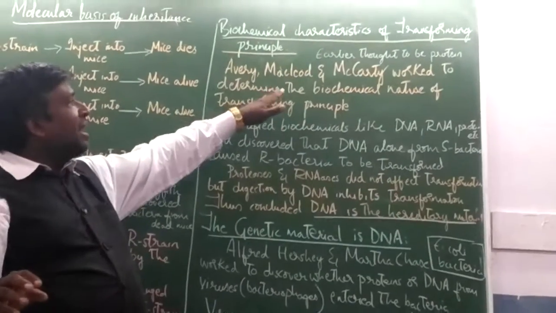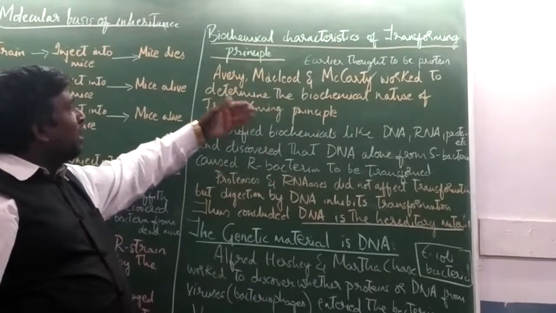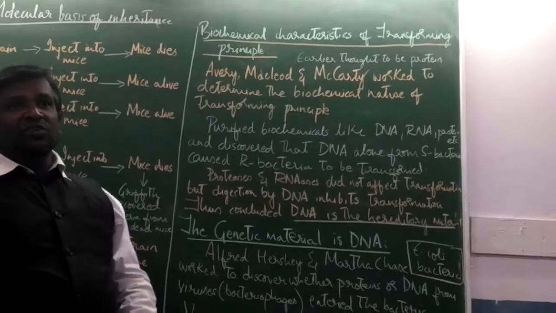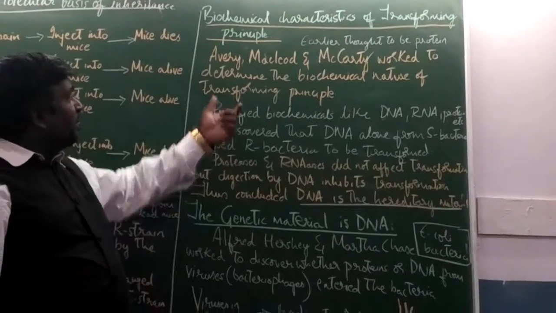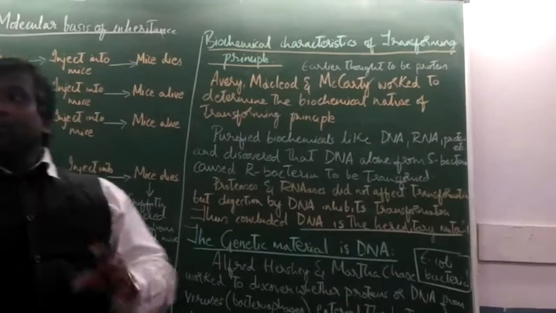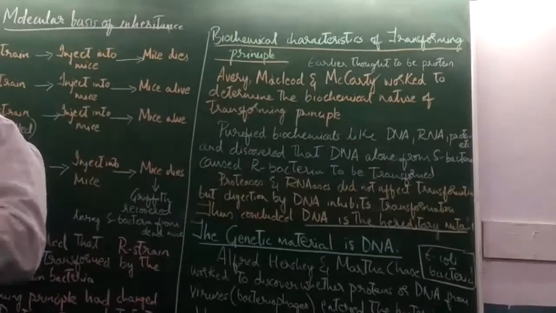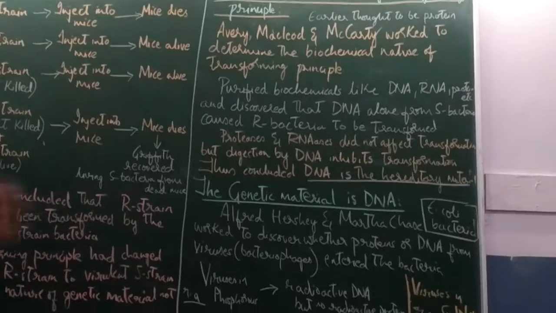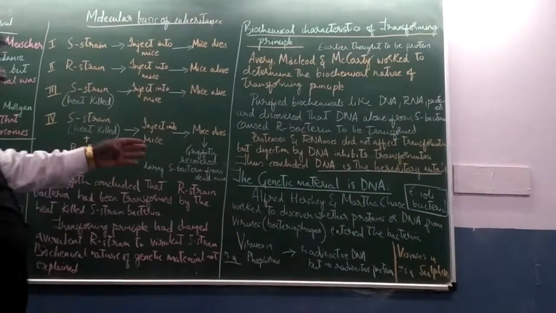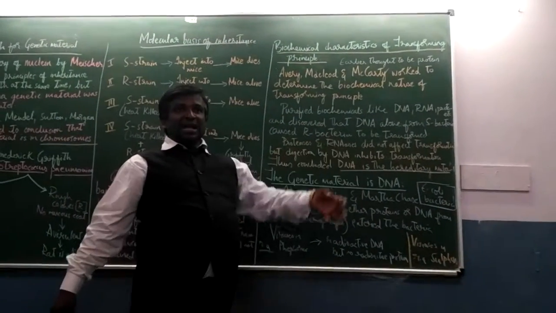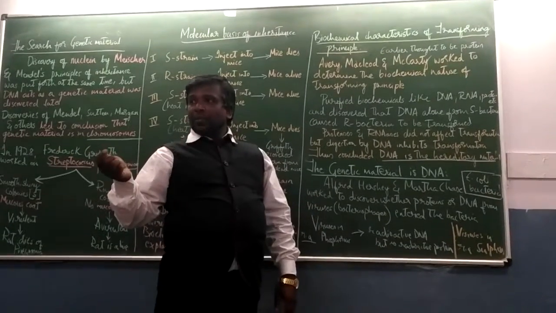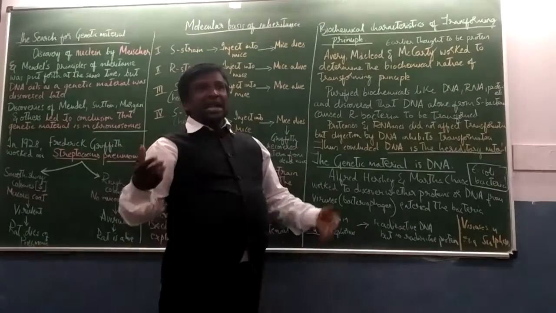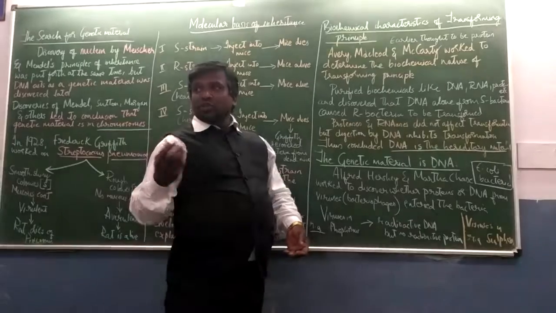Avery, McCarty, and MacLeod worked to determine the biochemical nature of the transforming principle. They purified biochemicals like DNA, RNA, proteins, and others from the S strain bacteria and discovered that when they introduced protein, the bacteria did not show any change.